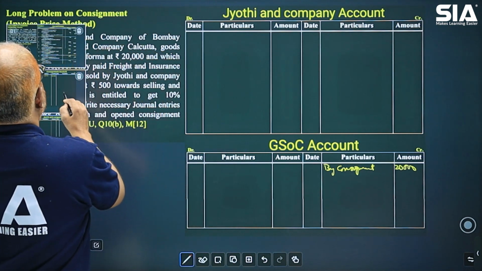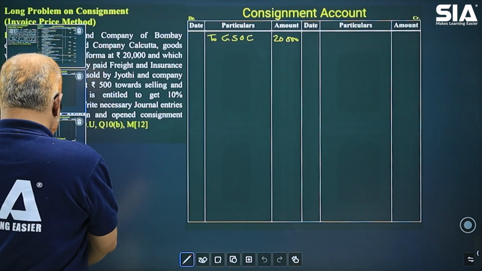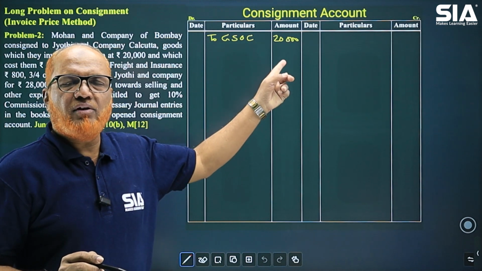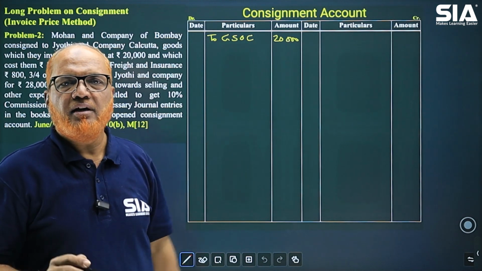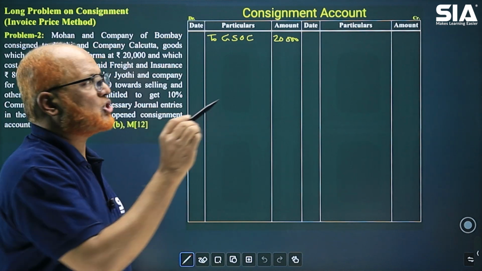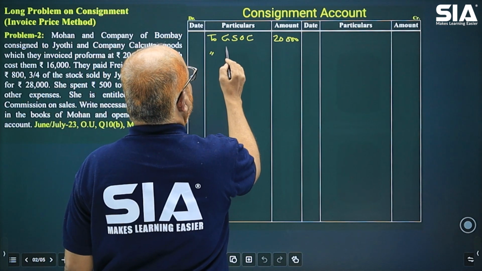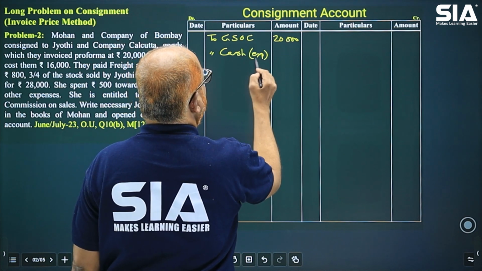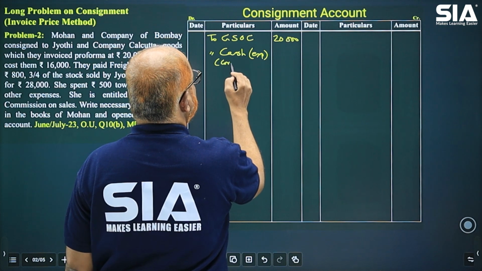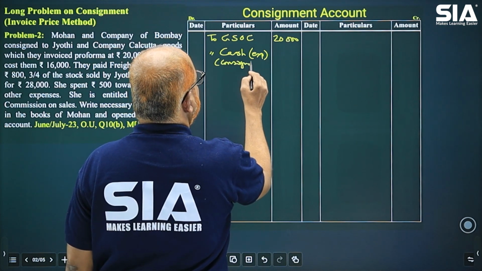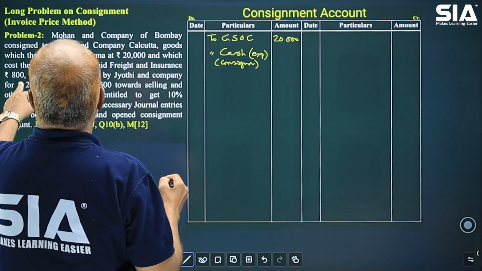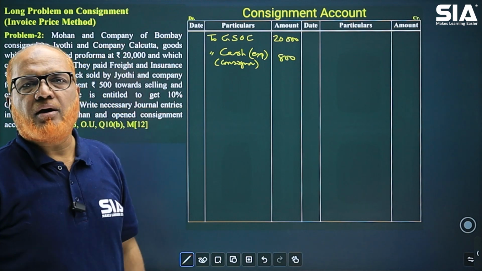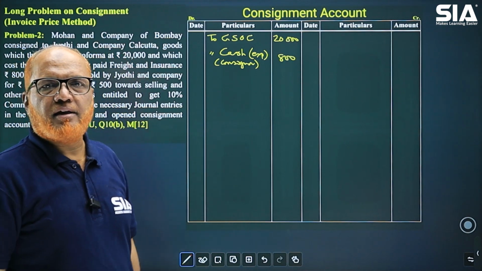Now the second entry is expenses paid by the consignor. The entry is consignment account debit to cash. How much are the expenses paid by the consignor? 800. Consignment account debit to cash. Second entry posted.